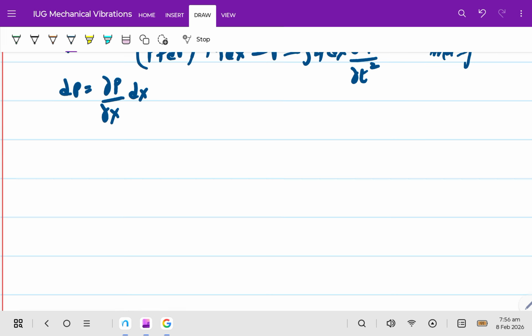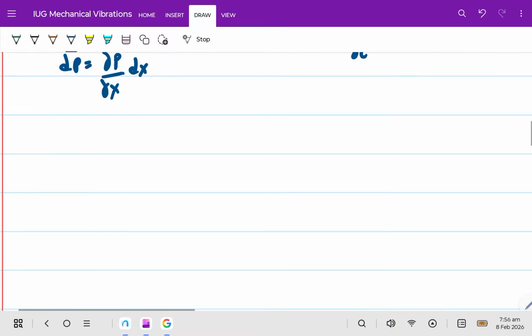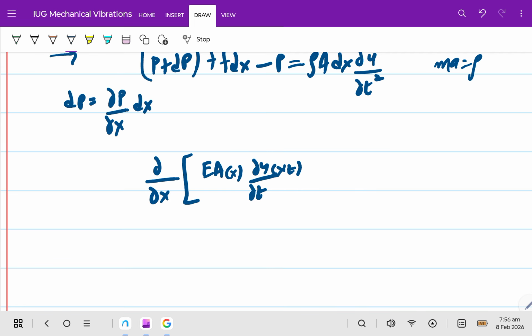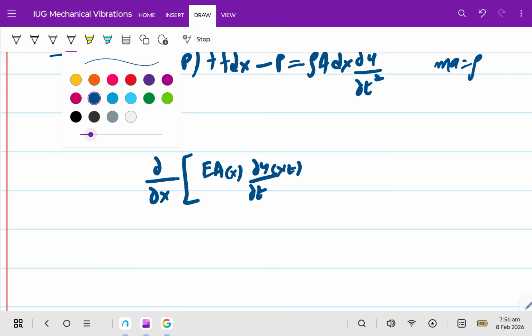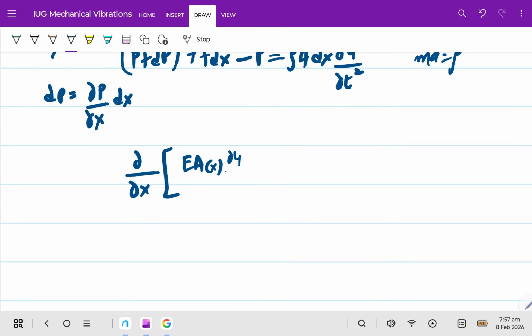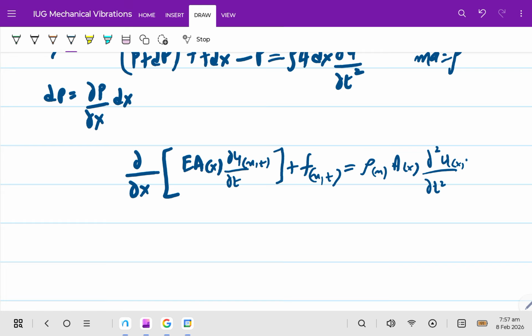If you substitute that pressure equation into our original equation, it becomes partial over partial x of the pressure, which equals EA partial u over partial x, where u is dependent on x and t, plus f(x,t), equals density times A times the acceleration, partial squared over partial t squared of u(x,t).